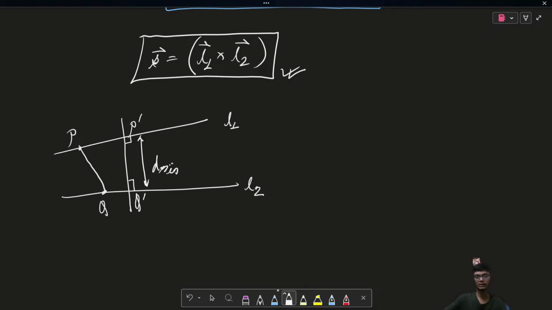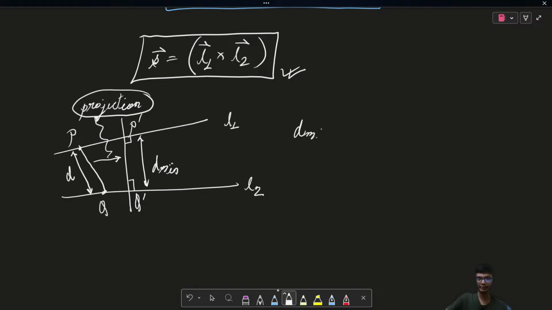Now I need to find this distance. What I'm going to do is take the distance PQ and do a projection onto this particular common normal. So this shortest distance can be written vectorially as follows.